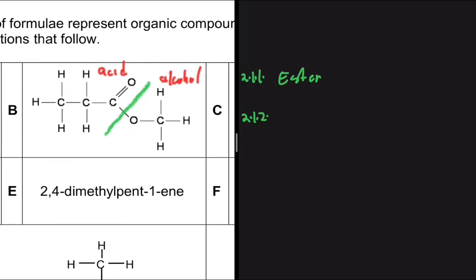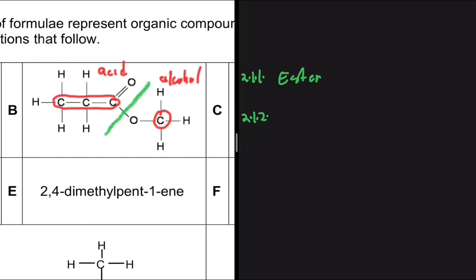So let's look at our alcohol. The alcohol that was used in making this ester is methanol. Why are we saying it is methanol? Because of this single carbon right here. And the acid that was used to make this ester is propanoic acid. Why are we saying so? These three carbons that we have there.